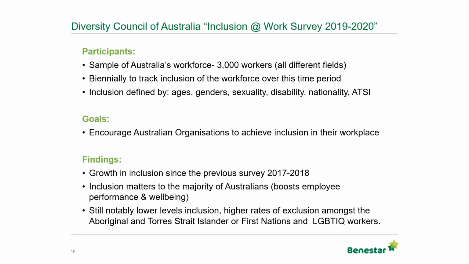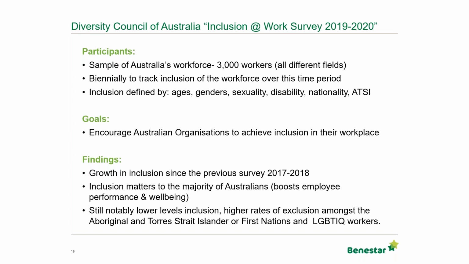So essentially the survey had a representative sample of about 3,000 Australian workers. And the survey is repeated biannually to map and track the inclusion or lack of inclusion in the Australian workforce over time. So there's a variety of ages, there's a variety of genders, sexuality, physical abilities, nationalities, Aboriginal and Torres Strait Islander.